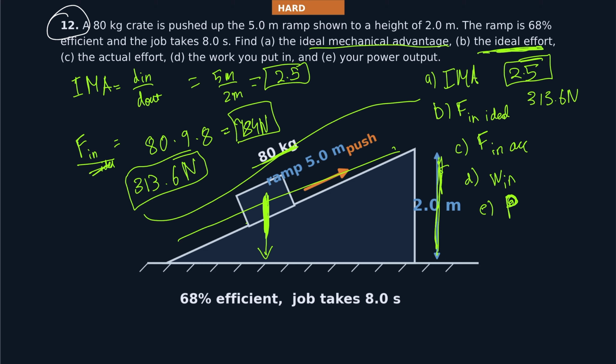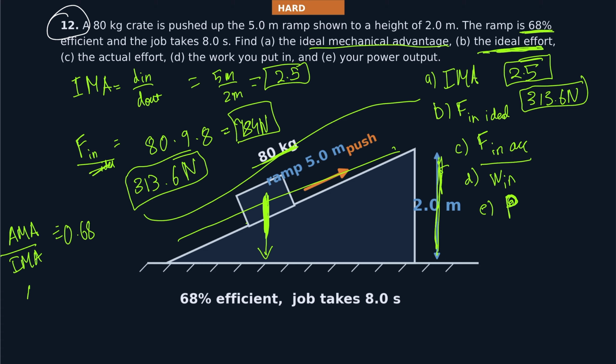313.6 newtons. Our force in actual is going to be our AMA, right? So how do we find our AMA? We know that AMA over IMA is equal to our efficiency, which is going to be 0.68, 68% efficient.